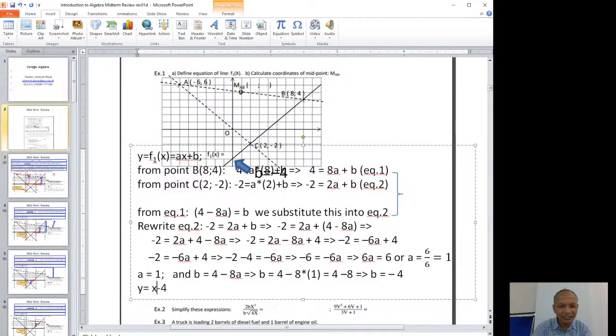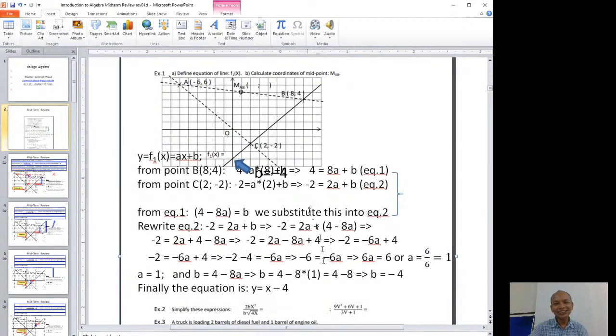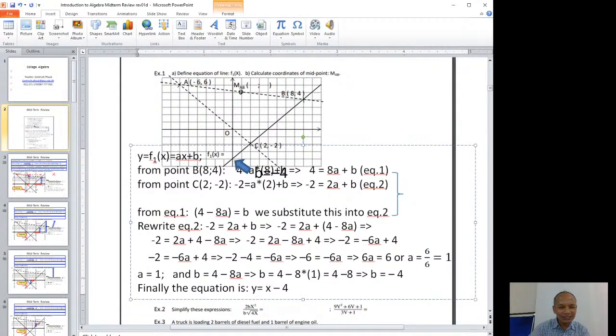The equation of the line. So finally the equation is this one. You just look at the picture and you know that y equals 1x, but you don't write 1x here, I told you. So it's 1, and then b equals negative 4.